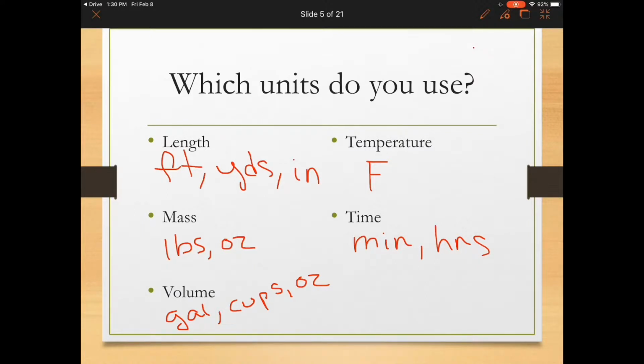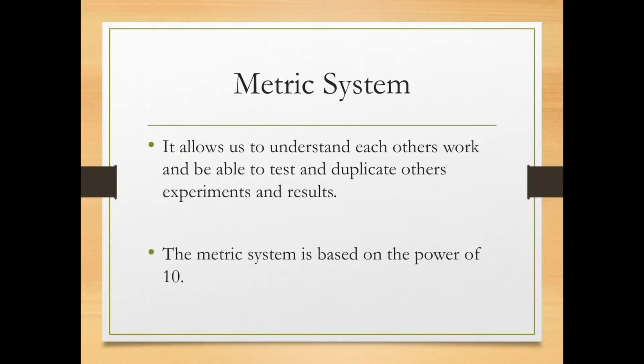But to the natives of the country, they think you're speaking in Celsius. So the metric system allows us to understand each other's work. We're able to duplicate and test others' experiments and get either the same results or different results depending upon the experiment and how it was supposed to go.